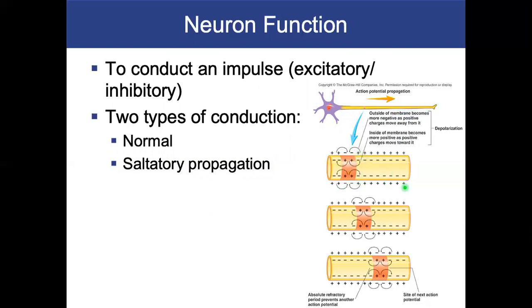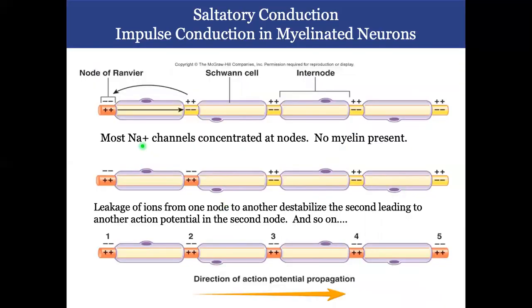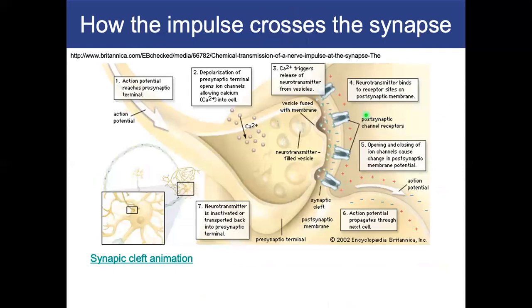Saltatory propagation is when there are nodes of Ranvier exposed, so that node depolarizes, then it jumps to the next node, then the next node. And this increases the conduction velocity. This is usually found in reflexes and places where you want to increase nerve conduction velocity.